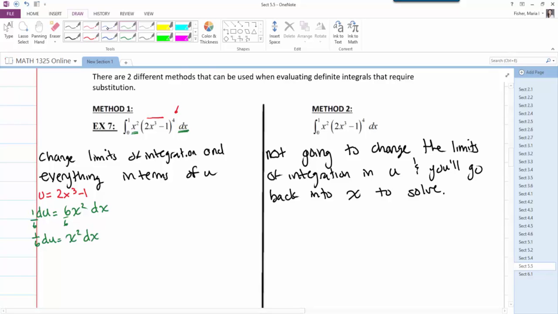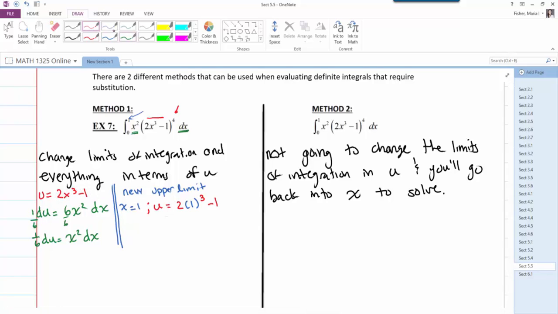I'm also going to change my limits of integration before I rewrite my integral. So my current upper limit is 1. So my new upper limit, when x is equal to 1, we know that u is going to equal 2 times 1 cubed minus 1, because u is equal to 2x cubed minus 1.